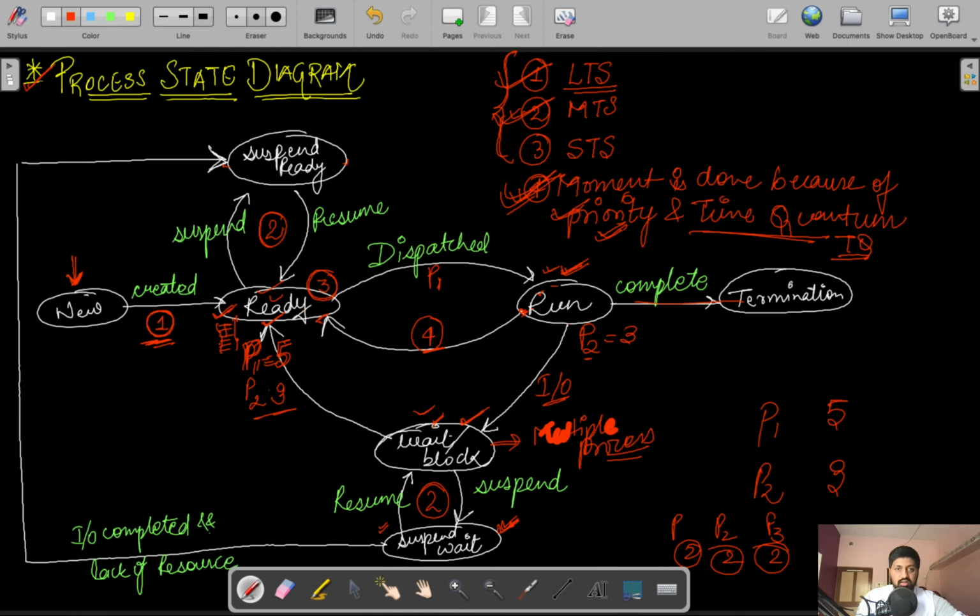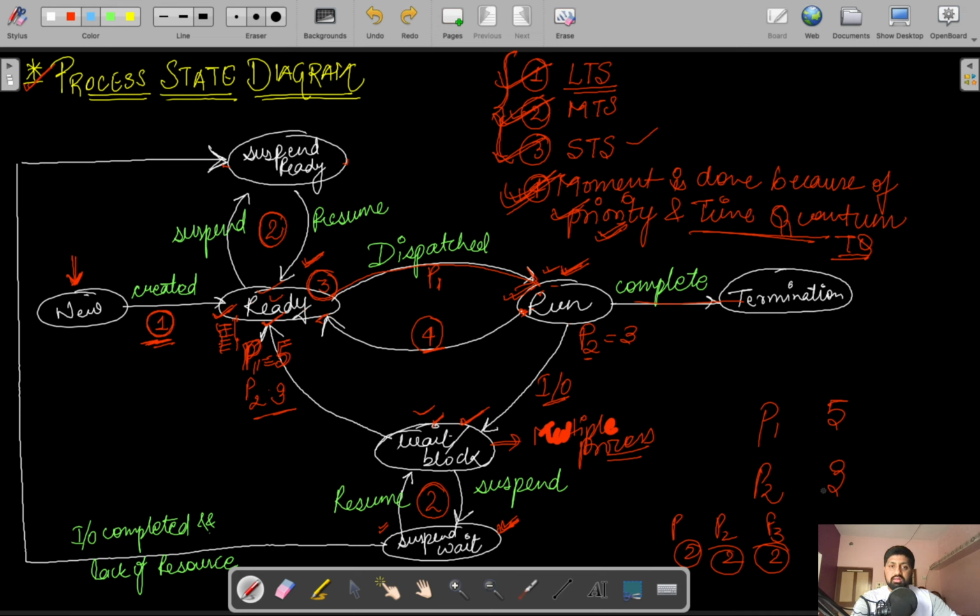And the short-term scheduler selects a process from the ready queue, dispatches it, and moves it to the running state for execution. That's the task done by the short-term scheduler.